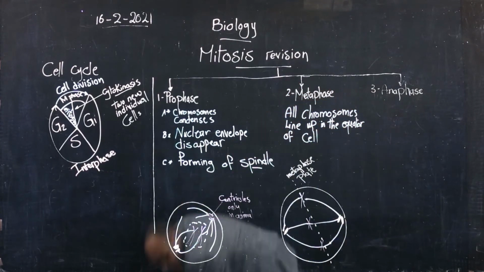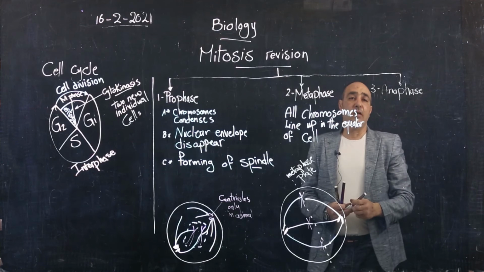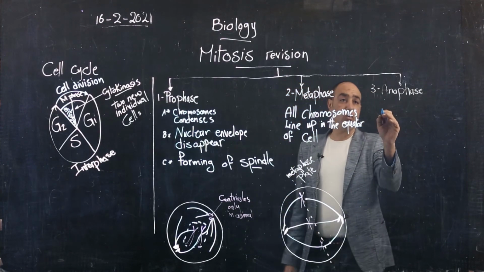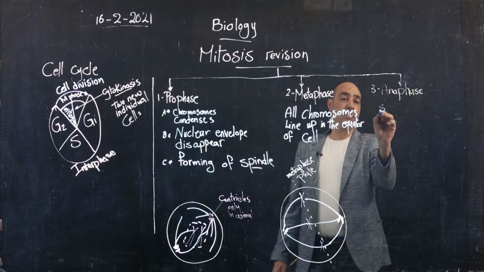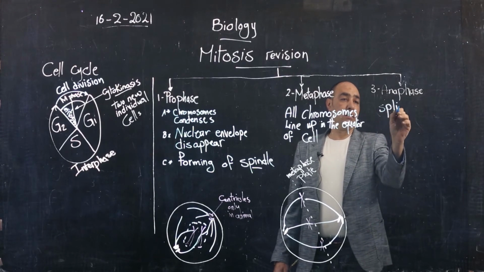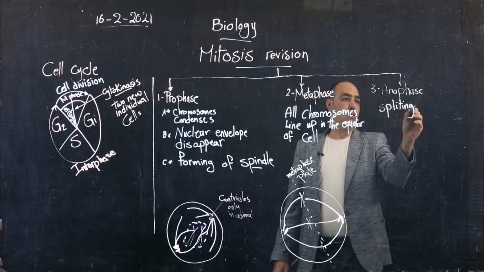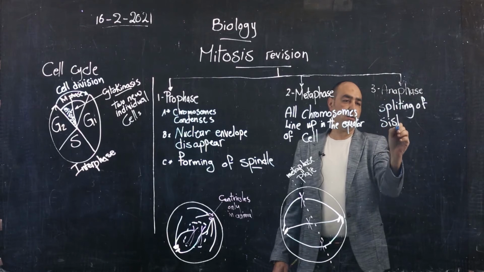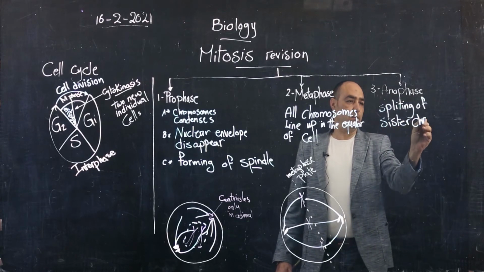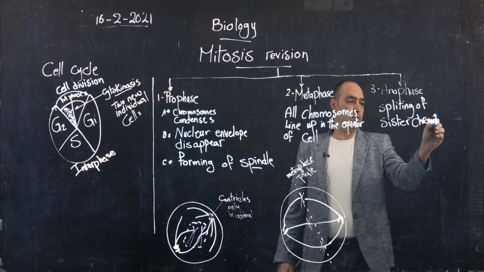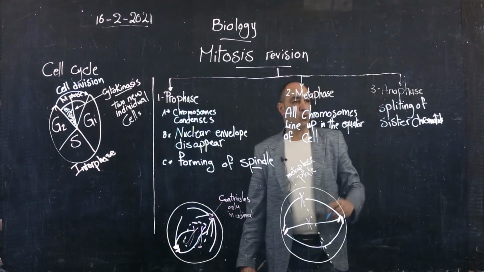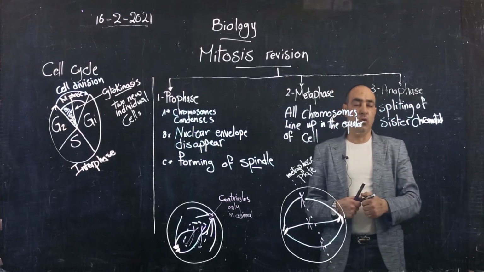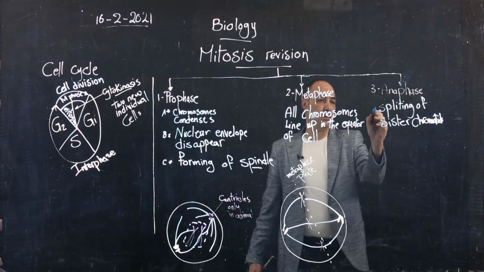What is the anaphase? The anaphase means the splitting of chromosomes. So it's one event also, which is called the splitting of sister chromatids. The sister chromatids will be split into two. Each one will move to one opposite end of the cell.